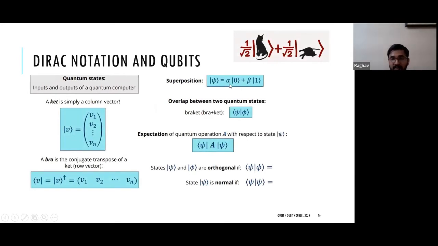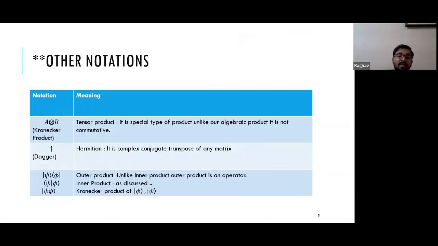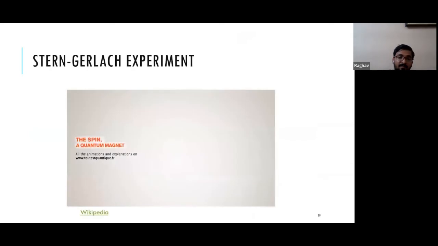If we take the mod of alpha and square it, it gives us the probability that we will find our system in the zero quantum state, with probability alpha square. Similarly, we will find our quantum system in the one state with probability beta square. This is the meaning of our last principle.